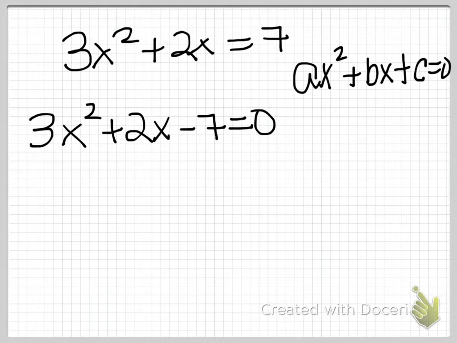And then I'm going to come over here on the side, and I'm going to say, what is my a term? Well, my a is in front of that x squared, so it is 3. What is my b term?